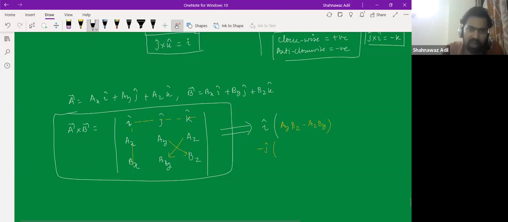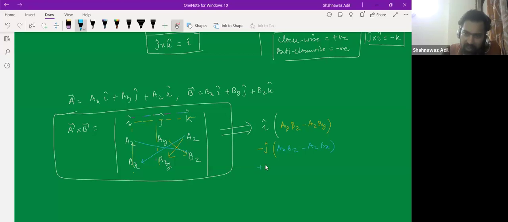So what will I get? I have to multiply the remaining two diagonals, so this would be AX BZ minus AZ BX. Is it clear? Yes, sir.